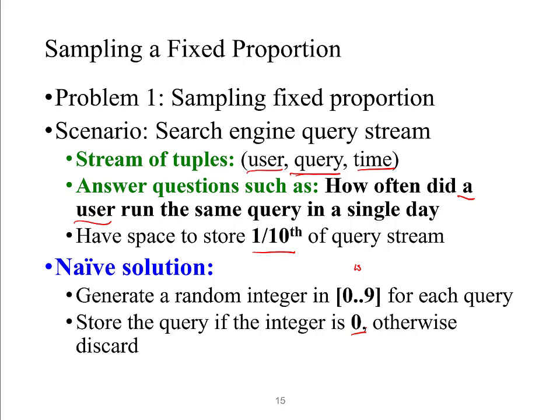In this case, we only store 10% of the queries. And because each query is assigned a random integer, you can expect that any query would have the same probability, which is 1/10, to be sampled.